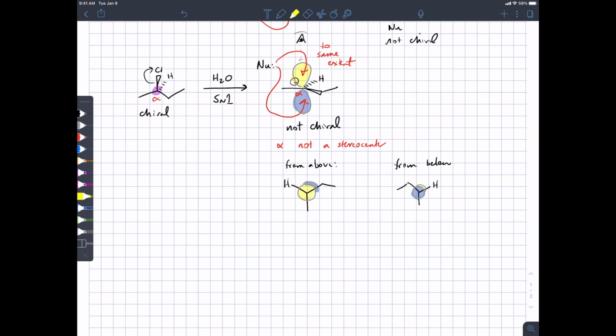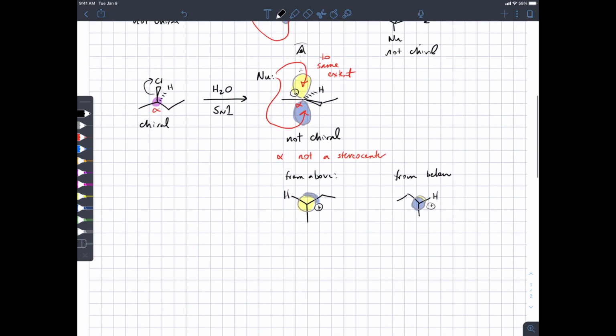The only difference we see is in the sign of the wave function, but that makes 0 difference at all in terms of reactivity. The nucleophile sees the same thing from above or below, and that means the attack from above or below has to happen to the same extent. So my product from above has to form to exactly the same extent as the product from attack from below.